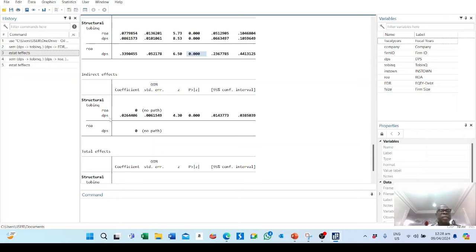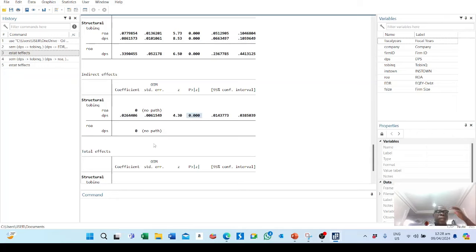Coming to the indirect effect, there's only one indirect pathway, and that's the DPS on Tobin's Q through ROA. The path coefficient is positive at 0.026446, and the p-value is highly significant.